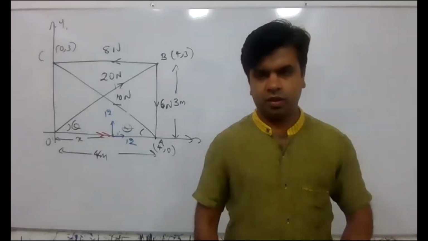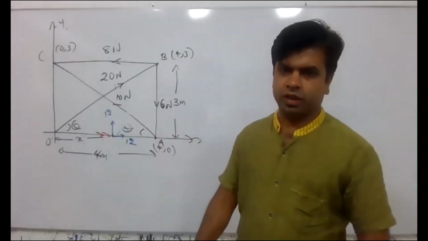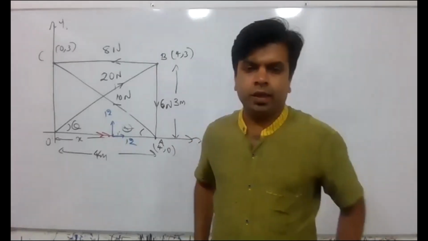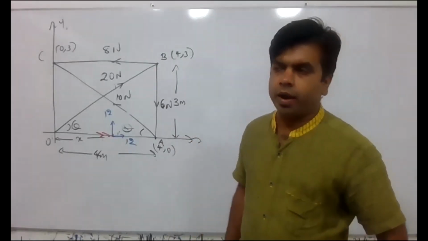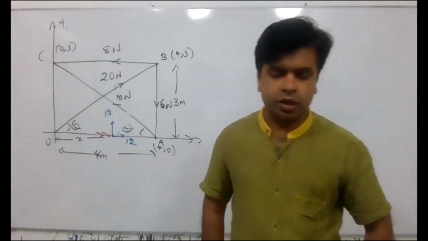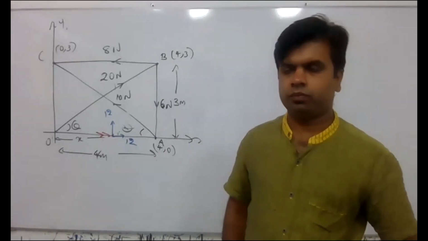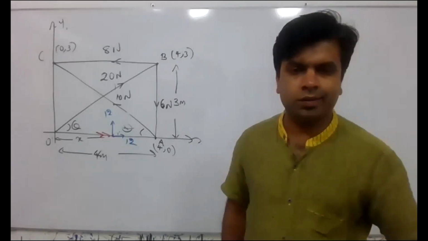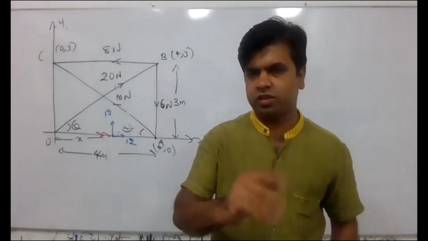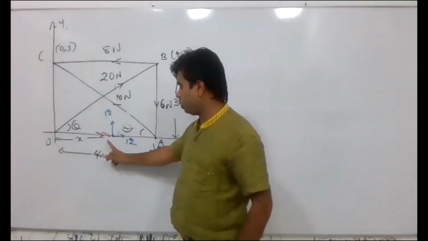one by one diagram use different colors, that will be easy, right? If the magnitude of the force along OB is increased by 20 Newton to the original system. The original system means without this 12 Newton, okay?